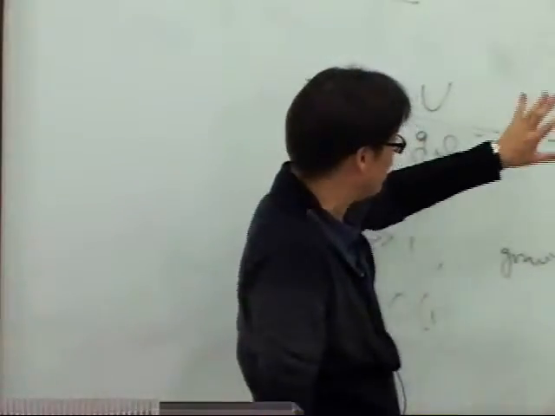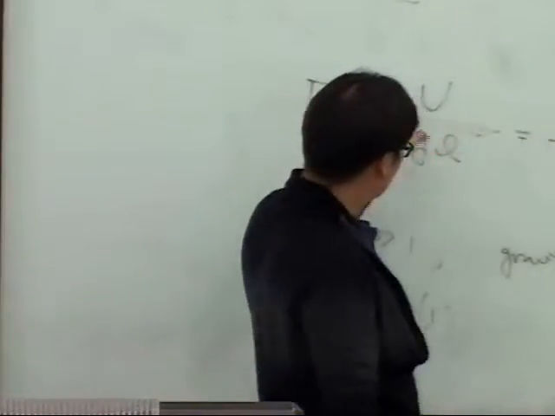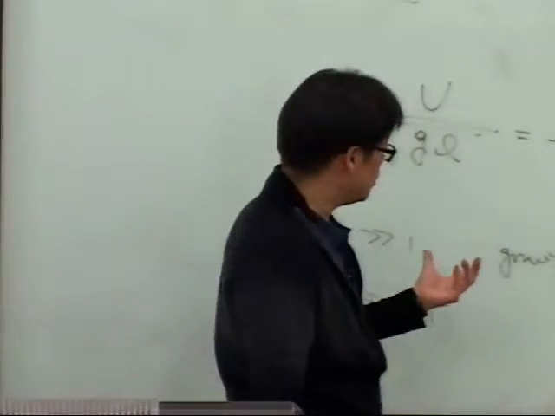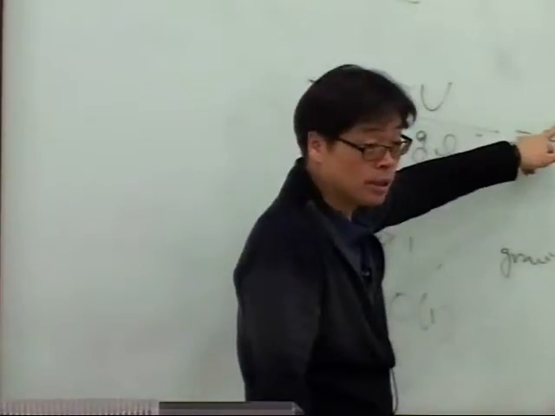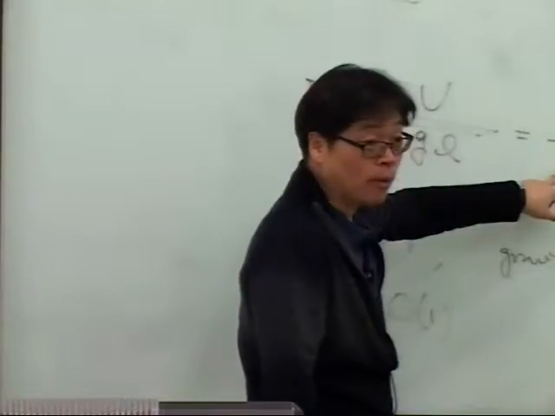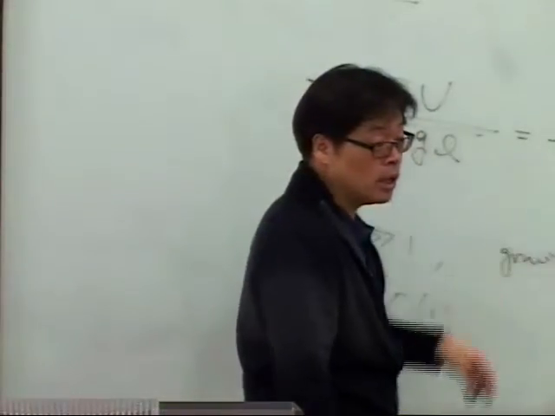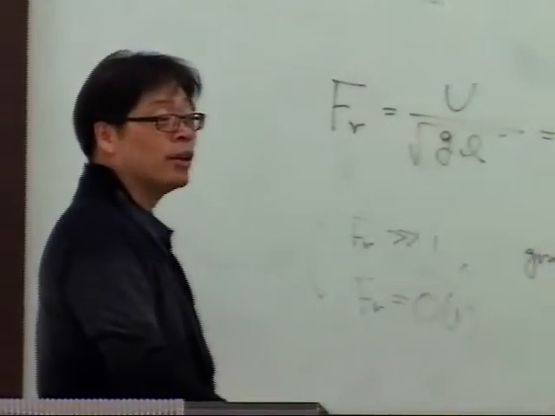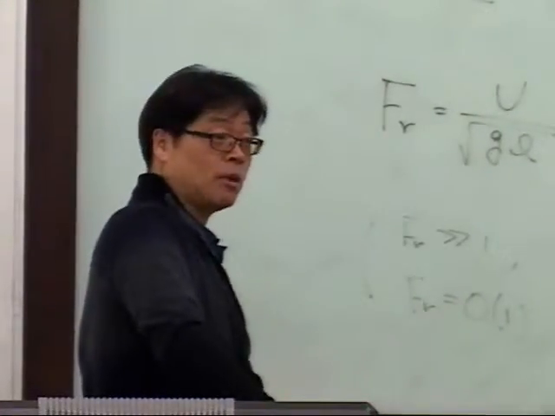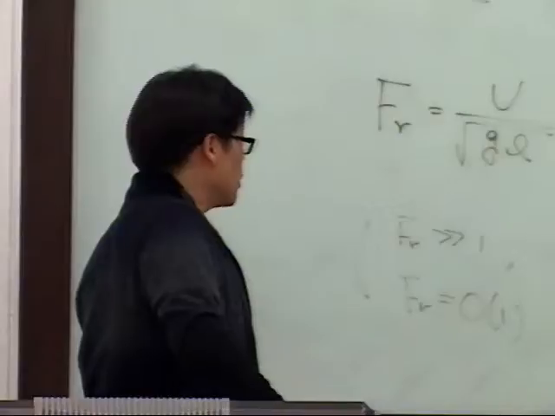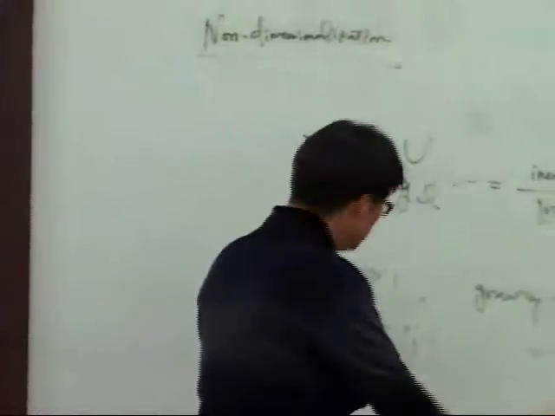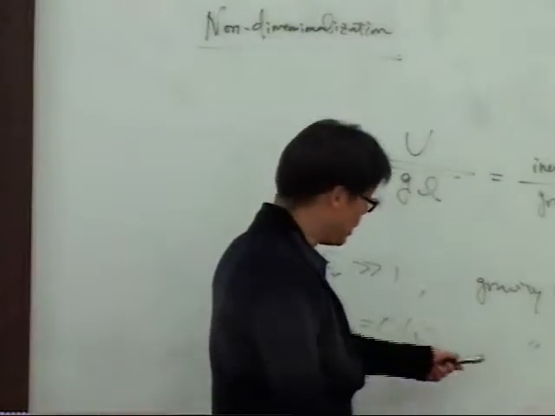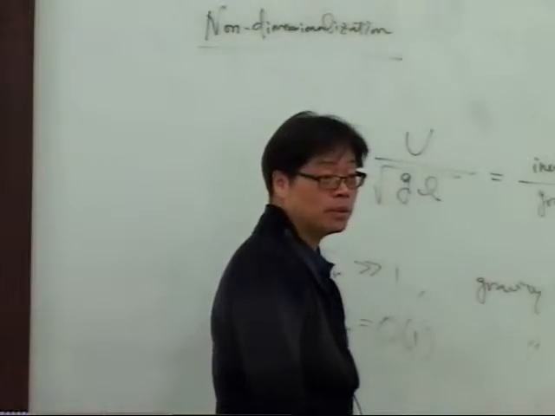Therefore, inertial force is dominant over gravitational force. So if a surface ship is moving really fast, the gravitational effect becomes smaller and smaller. But on the other hand, if the Froude number is order 1 or much less than 1, then gravity is important.